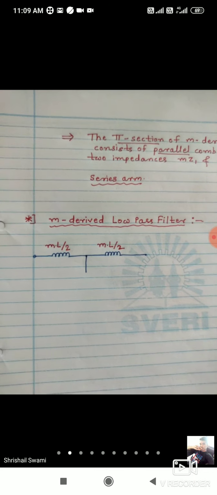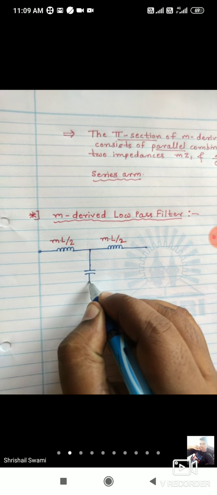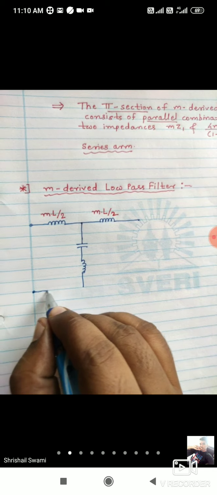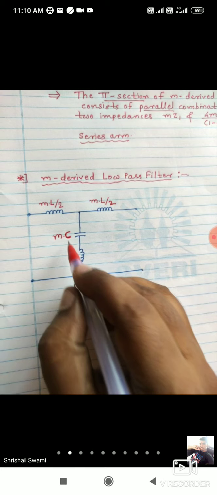Okay, in the derivation we just saw for the T section. So here, the m derived low pass filter, in the parallel arm or shunt arm, consists of a capacitor as well as an inductor. Here it will be replaced by m into C, that is Z2 by m.